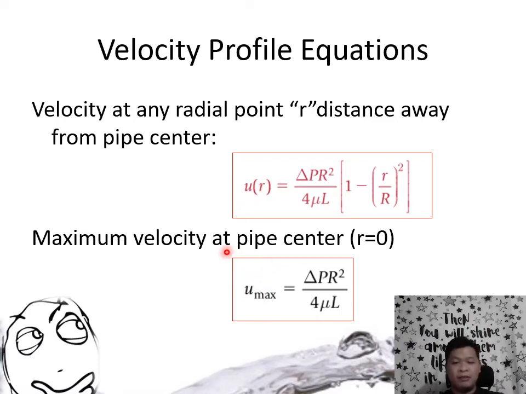So again, max velocity is simply how fast the water is at the very center of the pipe, and it's given by delta P, or pressure drop, multiplied by pipe radius squared over 4 viscosity times the pipe length. Okay, on the other hand, velocity at any point, a small letter r radius away from the center of the pipe, is calculated using this equation.